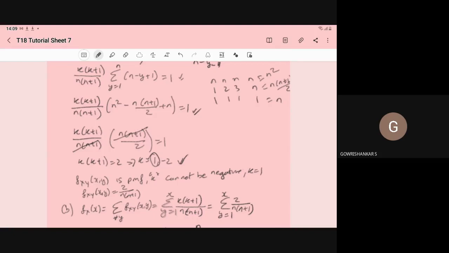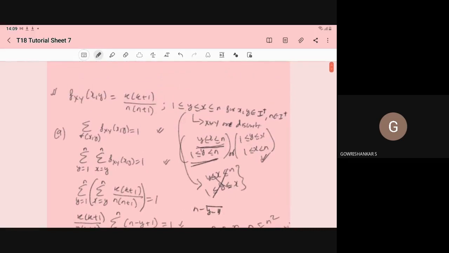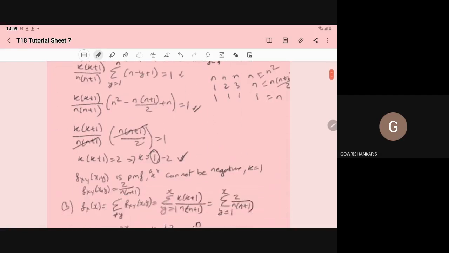So when k is equal to 1, our given PMF becomes 2 upon n(n+1).